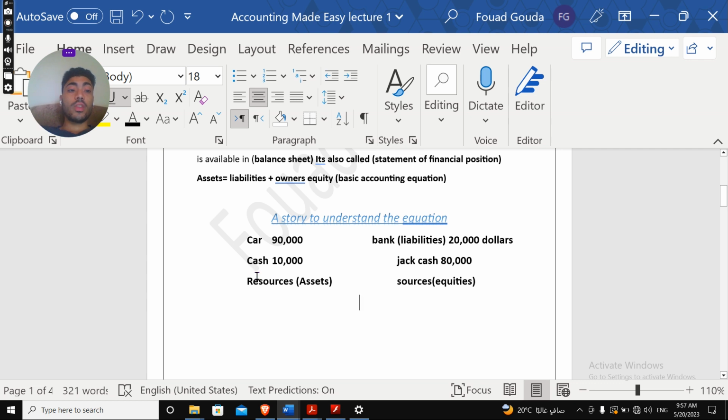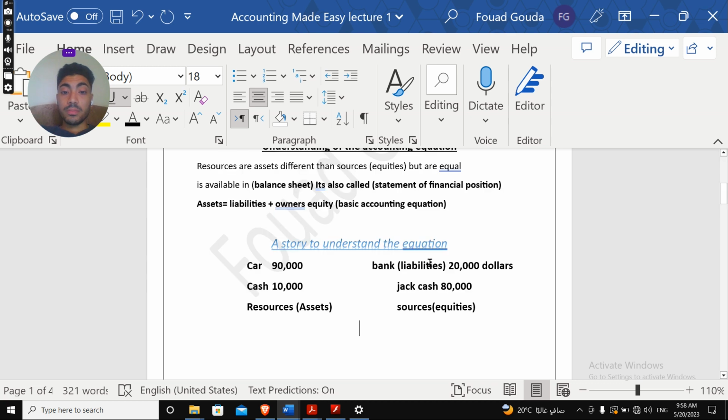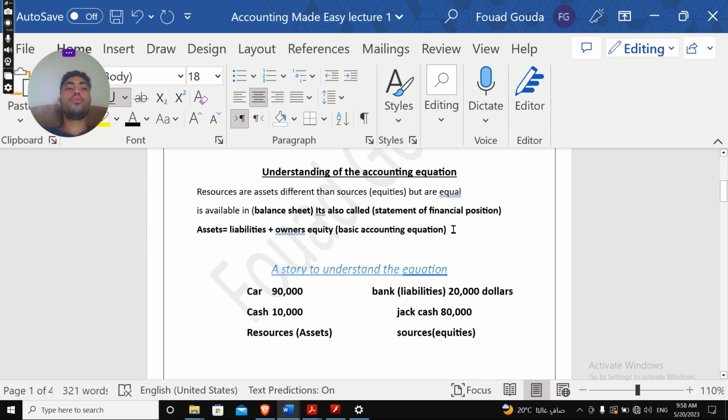So when we calculate both of these, we'll find that they're equal and they are both $100,000. So we came up with an equation to simplify this story. I hope this will make it easy. It's called the basic accounting equation.